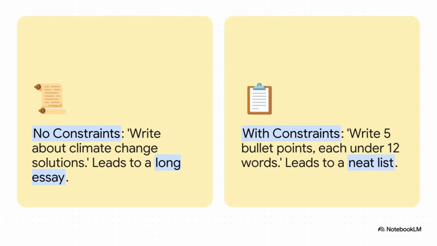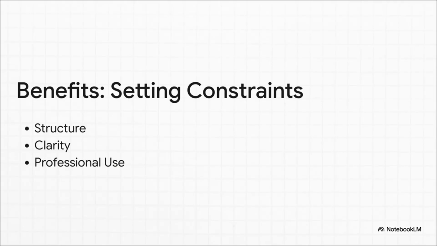If you ask an AI to write about climate change solutions, it could spit out 10 random facts or a 10-page essay, right? It's super overwhelming. But by adding constraints, "5 bullet points under 12 words," you get a clean, scannable, and far more useful list. The real benefit is that you get something you can use immediately, and this clarity makes the output ready for professional use right away.